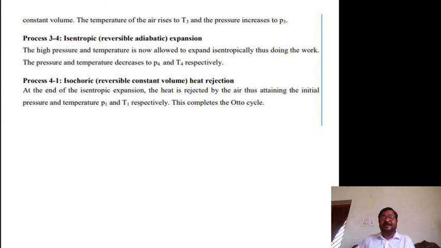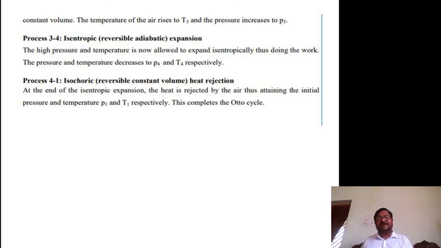On the pressure side, P1 by P2 raised to the power of gamma minus 1 by gamma is equal to V2 by V1 raised to the power of gamma minus 1. Here, gamma minus 1 on both sides cancels, and the remaining power is 1 by gamma. So P1 by P2 raised to the power of 1 by gamma is equal to V2 by V1.